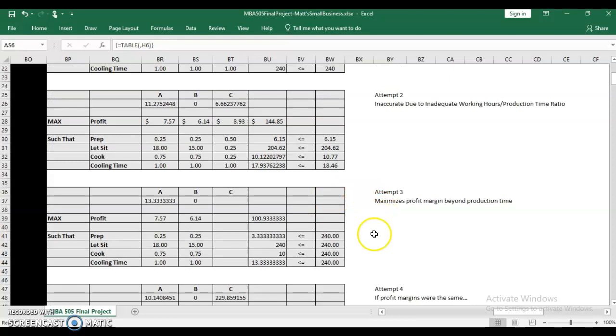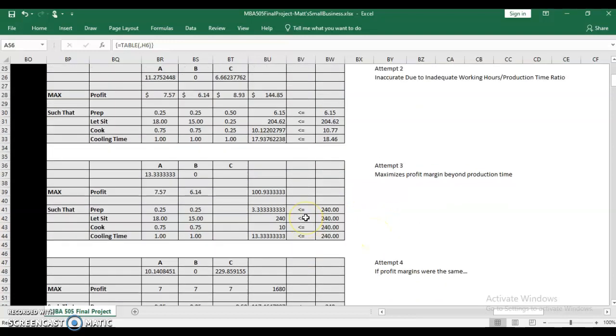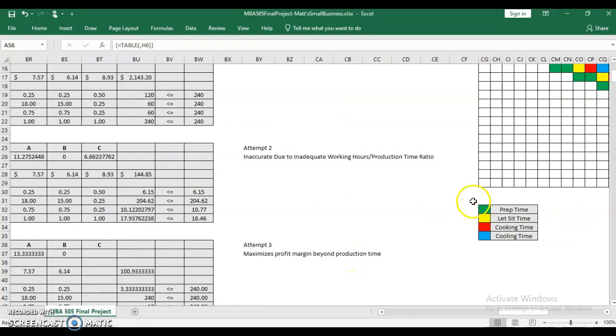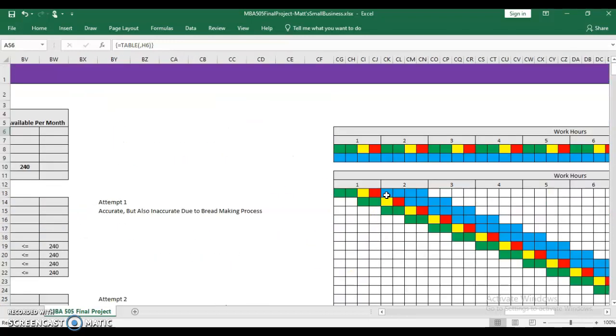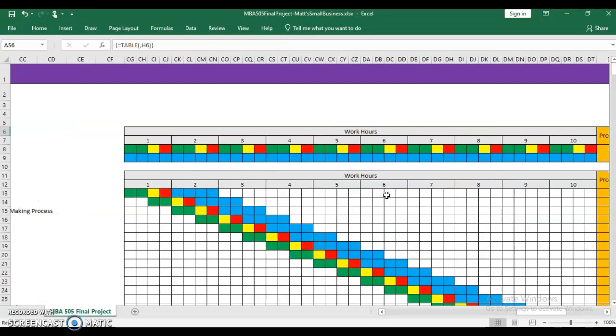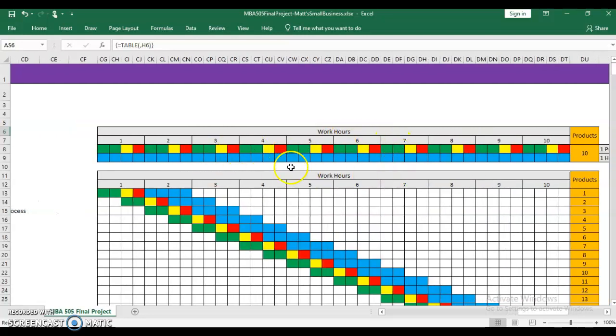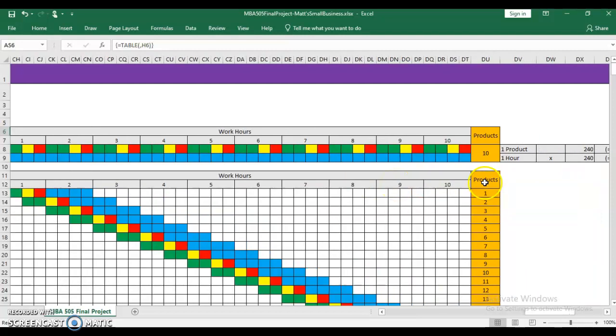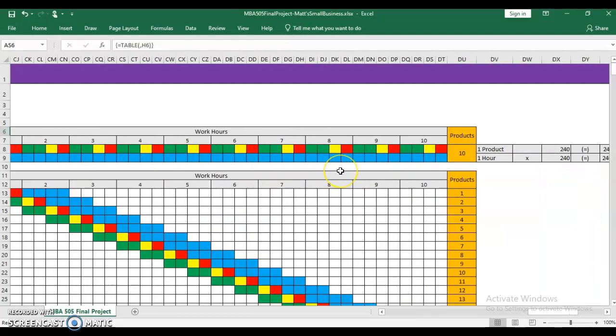In my attempts 2, 3, and 4, I was playing around with it, trying to get something a little more accurate, but I realized I almost had to create a Gantt chart myself for this. This first table up here illustrates what Excel Solver did: it created the maximization based on proportion.